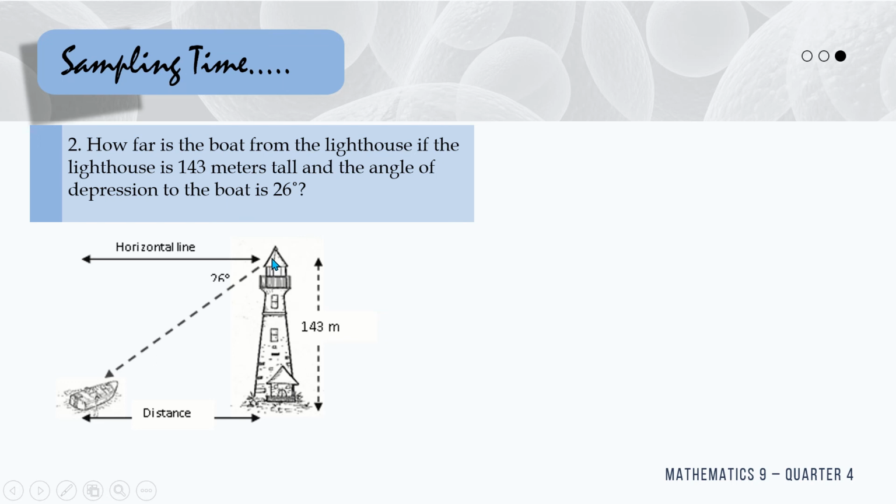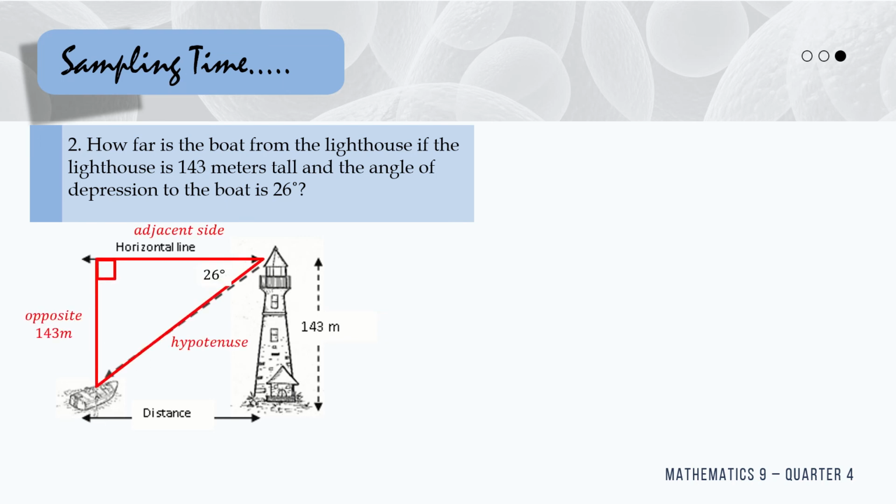Therefore, the angle of depression: if the person stands here and looks straight, that is a horizontal line. But when he looks at the boat, his eyes are directed downwards to the boat. So the angle of depression created is 26 degrees. Okay?